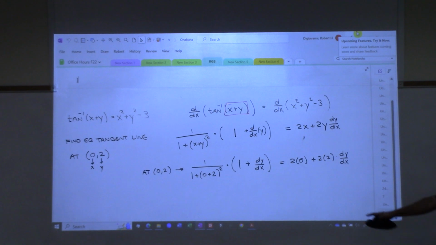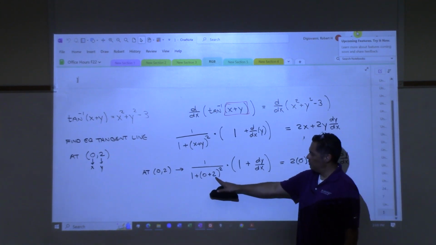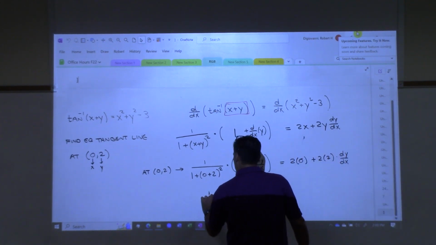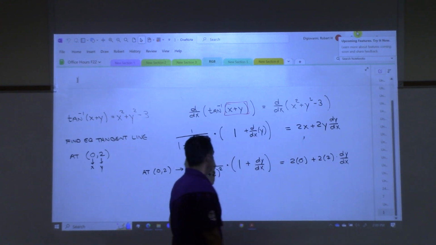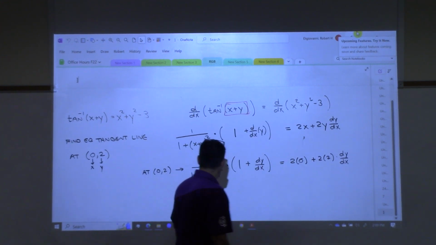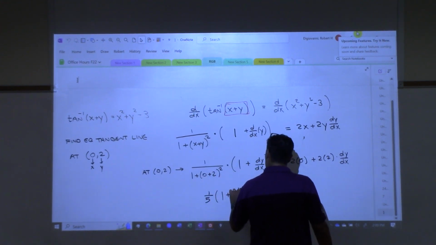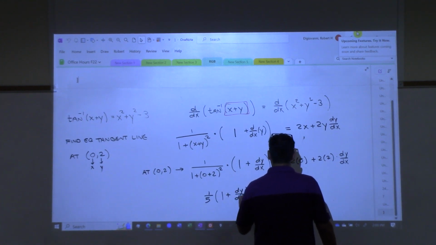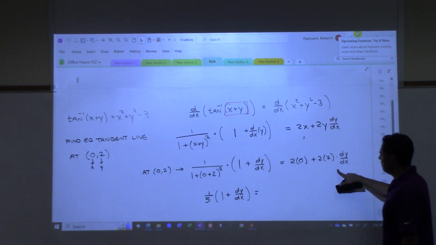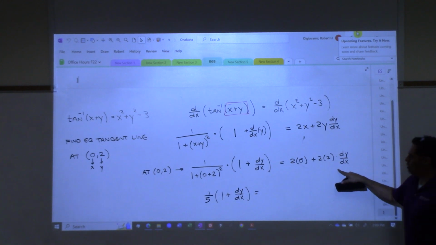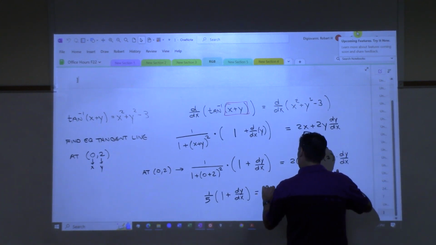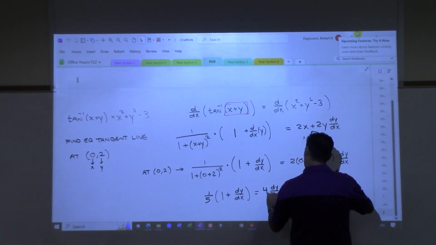What's that first fraction become? 1/5. And then times 1 plus dy dx equals, over here, what do we get? 4 dy dx.